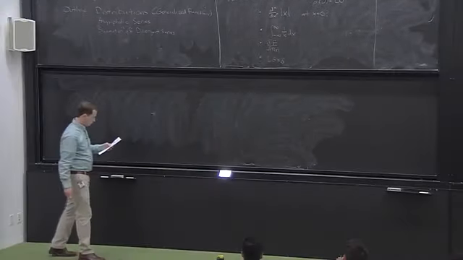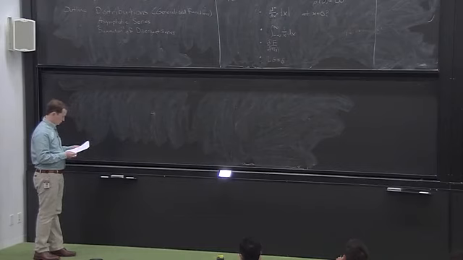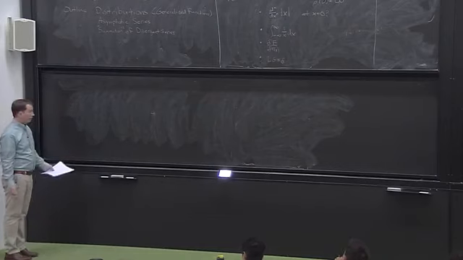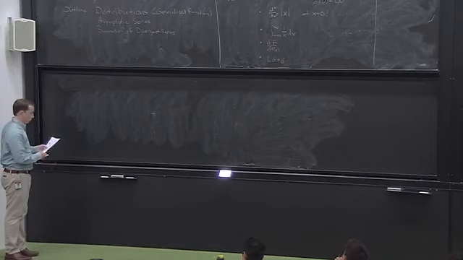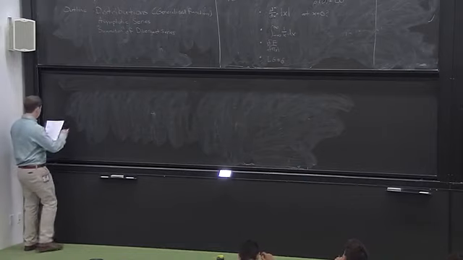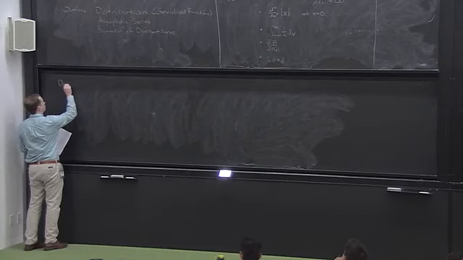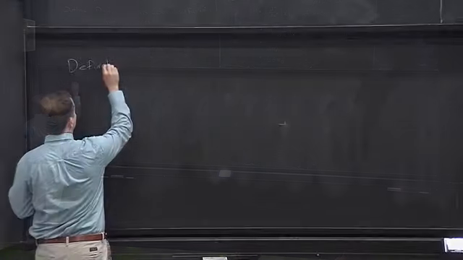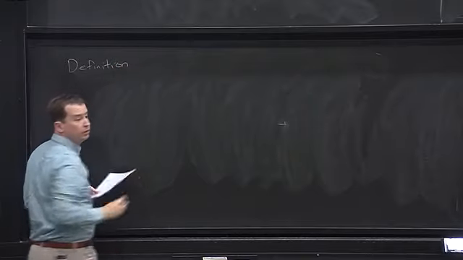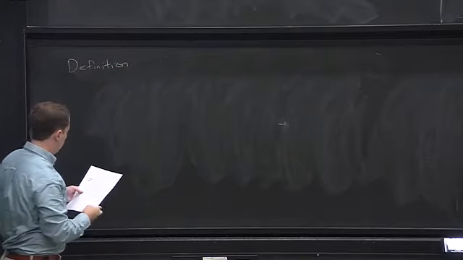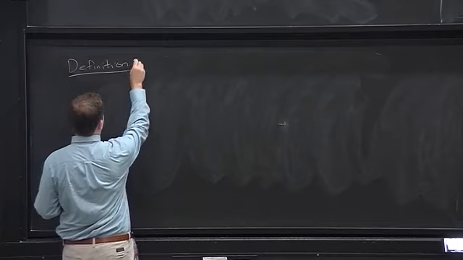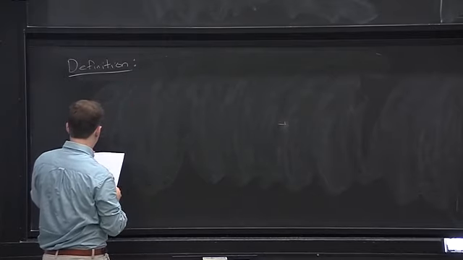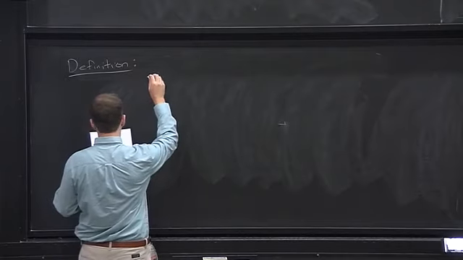Okay, so it's not a function. One way we can see that is to define what we mean by a function space. And we can see rather easily that the Dirac delta is not an element of a rather general, or large, function space.